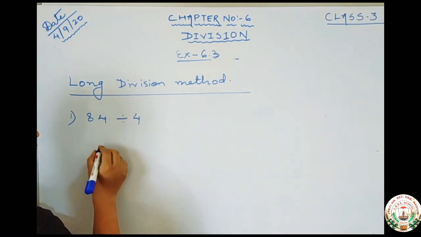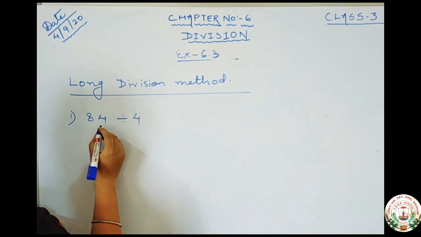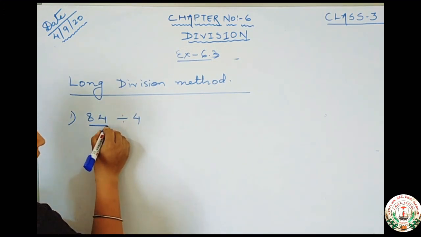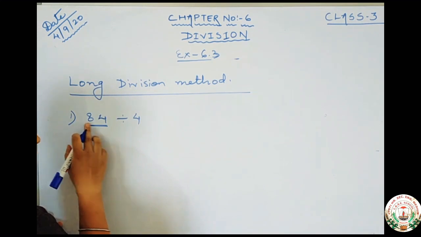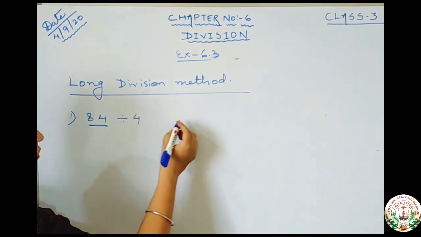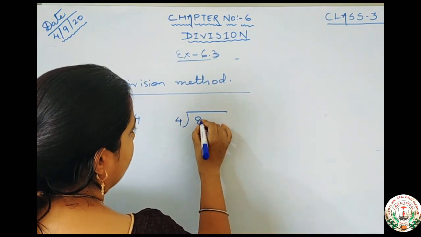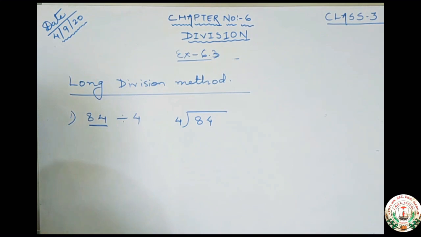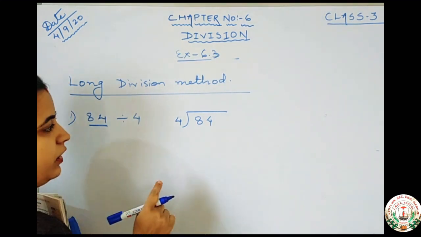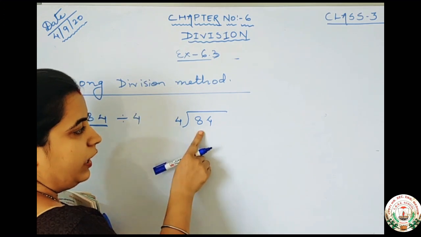In the last class, I told you what is dividend and what is divisor. The number which is divided is known as the dividend. The number by which we divide is known as the divisor. So we will write here 4 as the divisor and 84 as the dividend. First, we will see one number at a time. 8. In the table of 4, 8 comes.